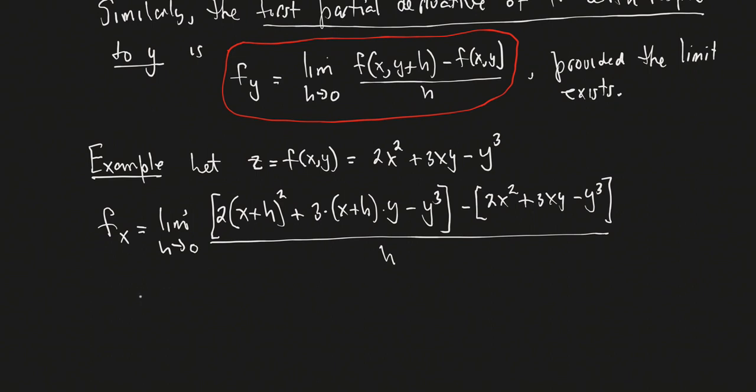Well, now it's the algebra. If we plug h equals 0 in at this point, we're just going to get something indeterminate, so we're going to have to do some expansion and see what happens. As far as the algebra, we just have to expand this carefully and then multiply by 2.